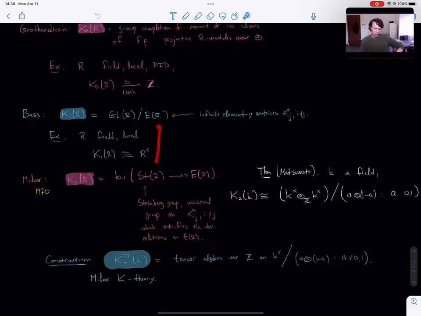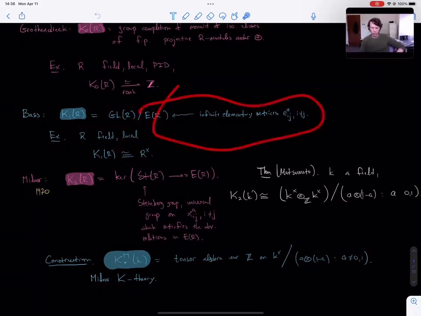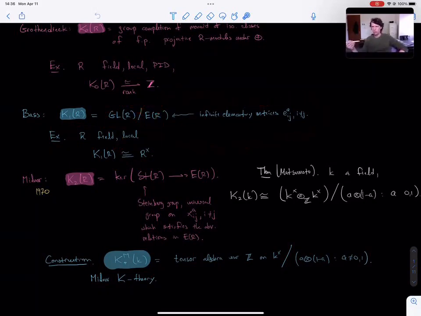And if R is a local ring or a field, this K1 group is just the group of invertible elements of the ring. There's a natural map from GL1 to K1 given by taking the determinant. And the determinant of any of these elementary matrices is 1. So we certainly get an induced map from K1. And in these cases, that map is an isomorphism.